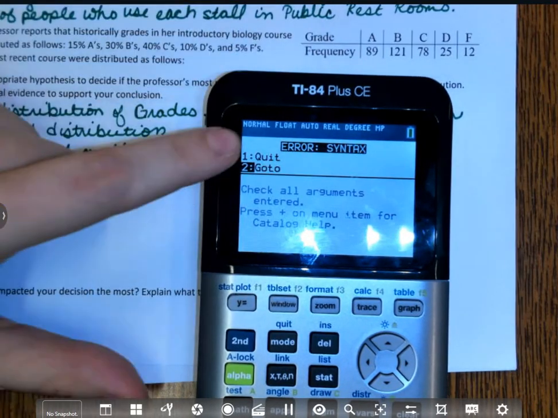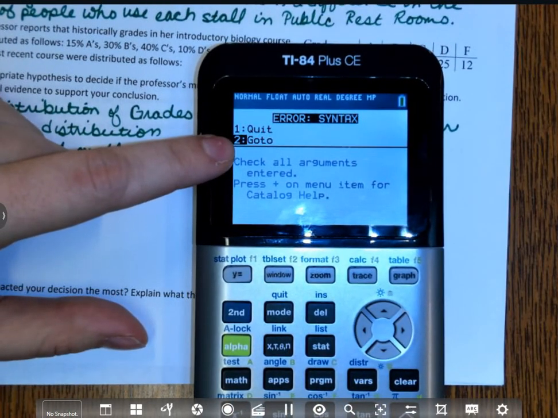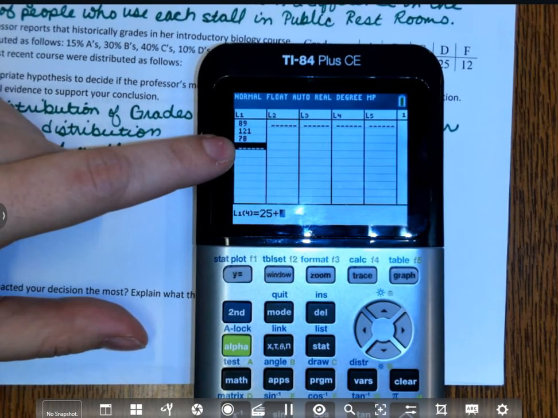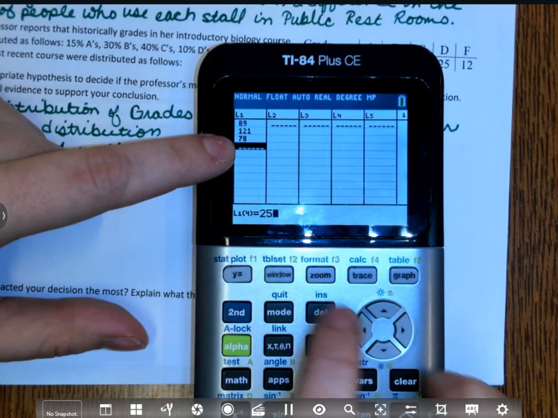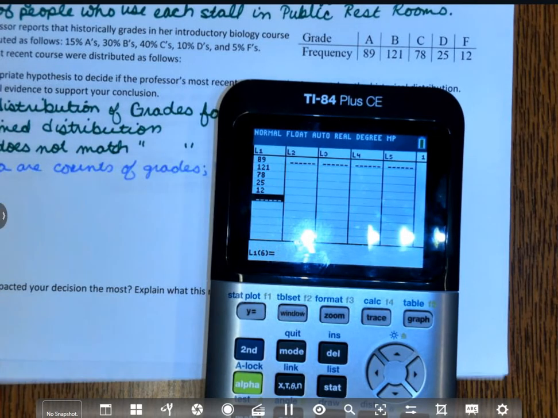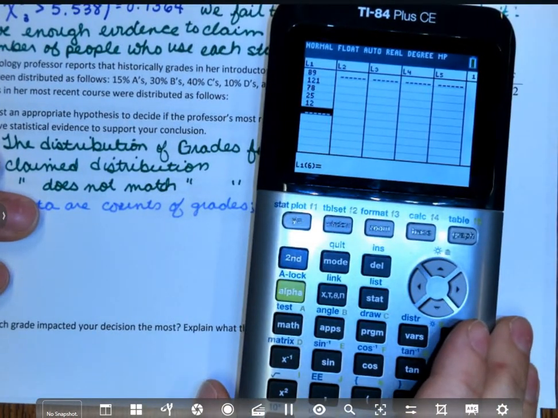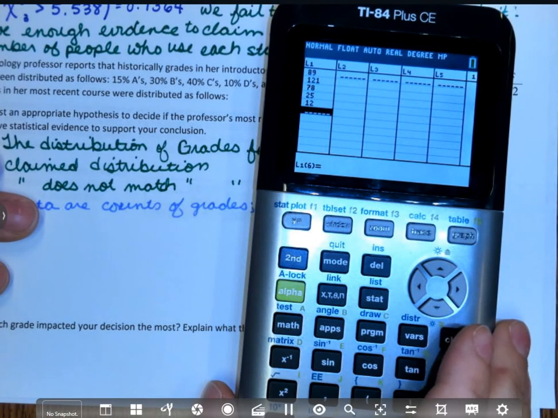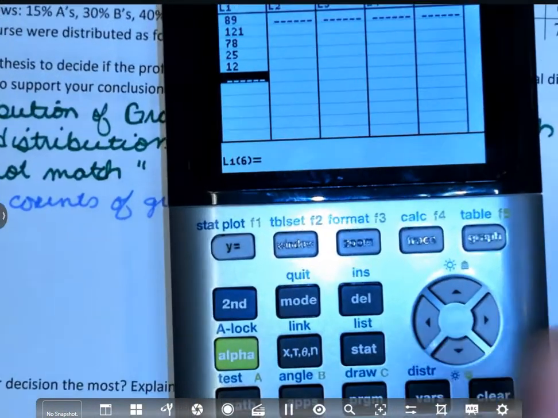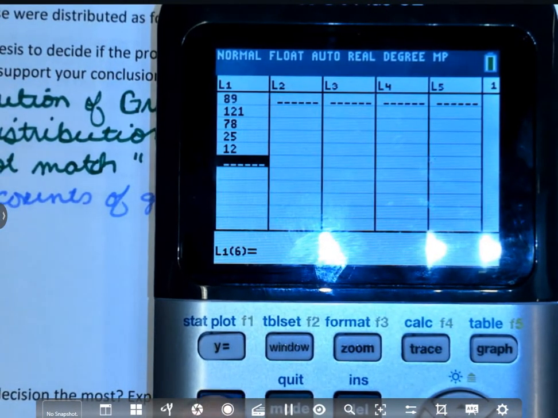And by the way, when you get these errors and it says goto, that actually means go to. That goes to whatever your error was. My error was I put a plus sign there when I shouldn't have. So those are my expected counts. I'm sorry, those are my observed. My apologies. Now, if you'd like, you can add all those numbers up.